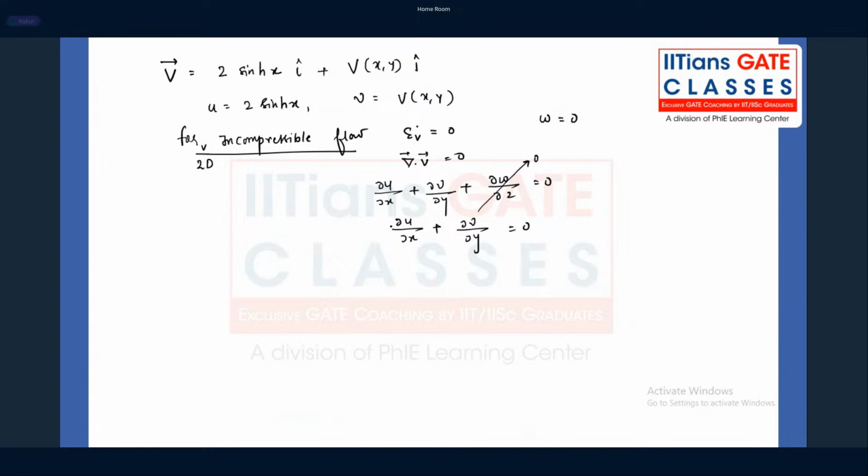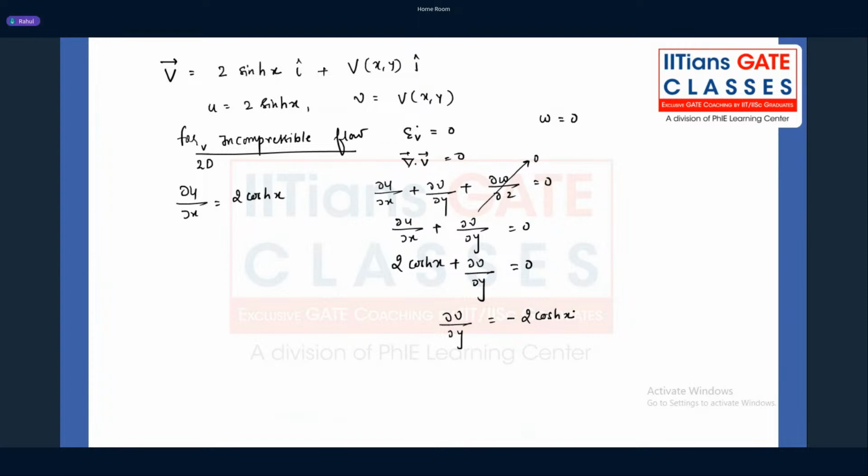Now what is dou u by dou x? It is 2 cosh x. So this will be 2 cosh x plus dou v by dou y is equal to 0. What is dou v by dou y? Minus 2 cosh x.